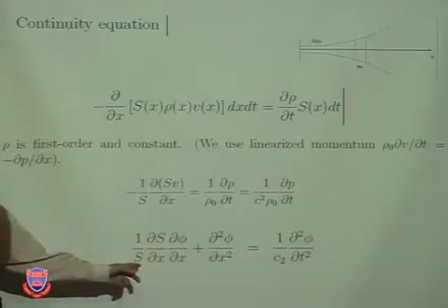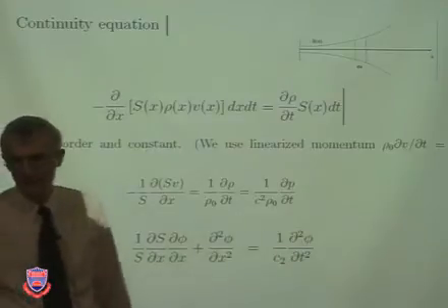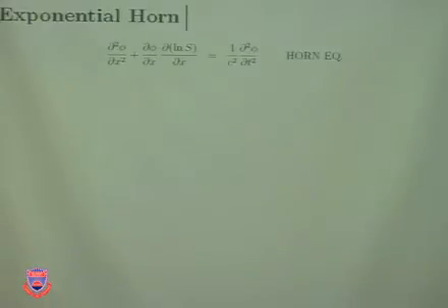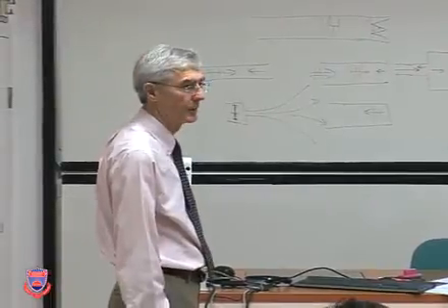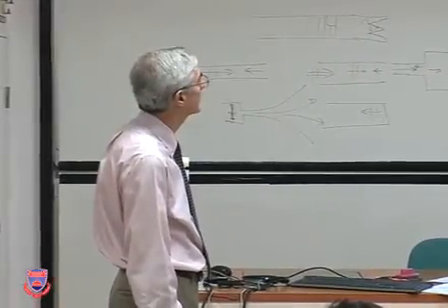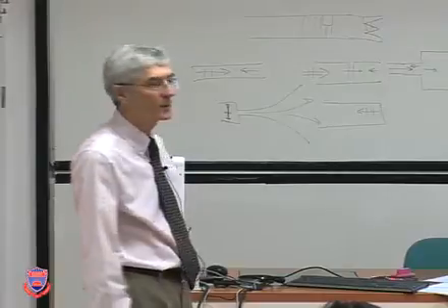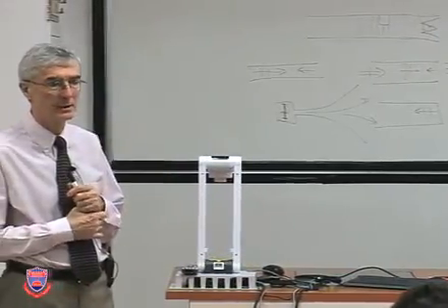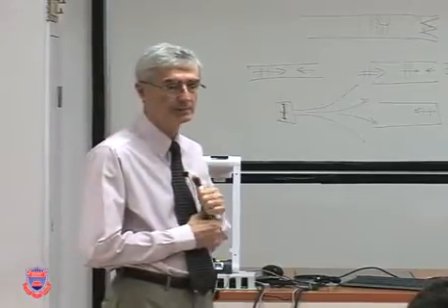Now, this part we can rewrite in terms of a natural log. The second term is what we were just talking about. And that's called the Horn equation. That's known as a Horn equation.